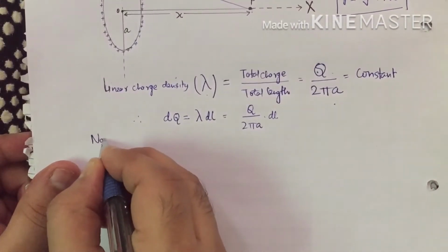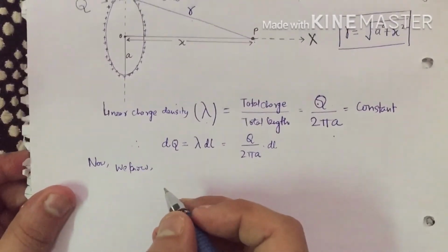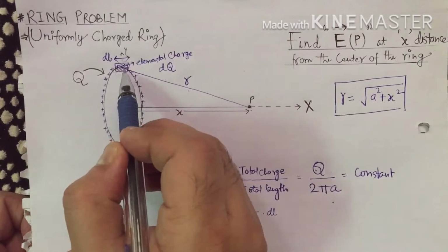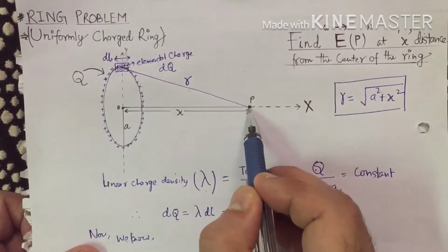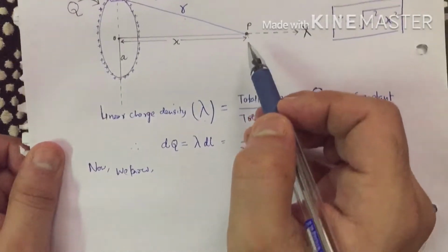Now we know, due to this charge dq, we can have an electric field at point P which is very small.